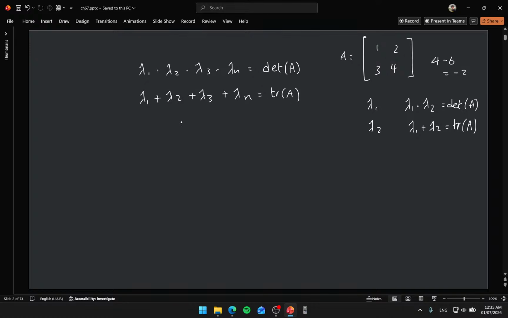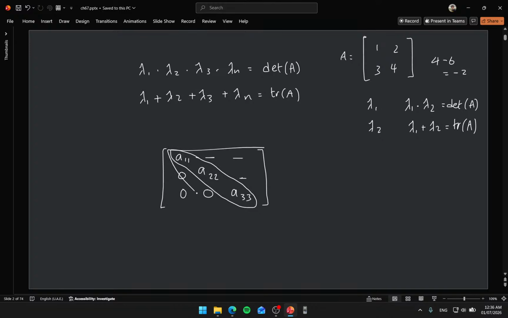Now we have a special case for triangular matrices. You know what a triangular matrix is, right? You have upper and lower triangular matrices. On the main diagonal, this is 1 1, 2 2, 3 3, you have some values here, and below it there are zeros.